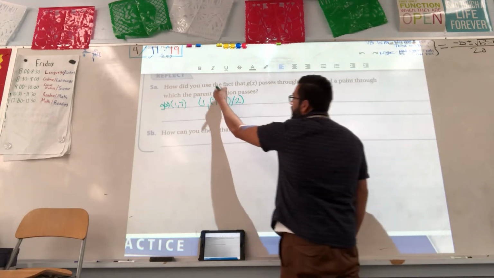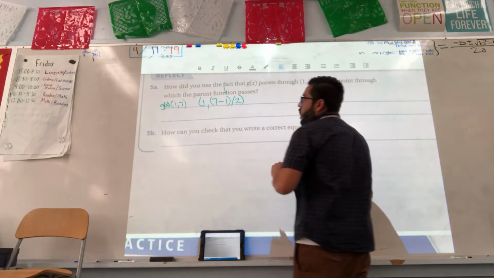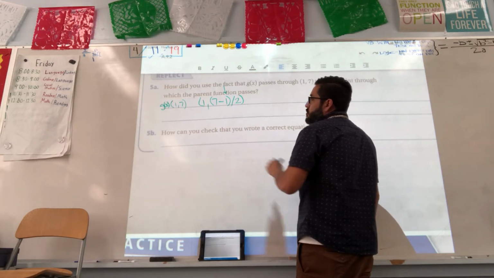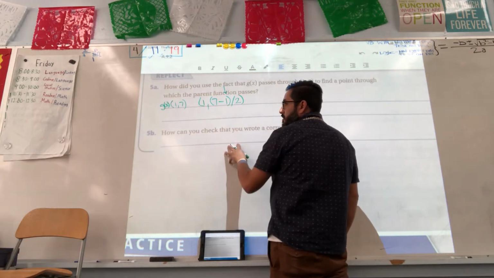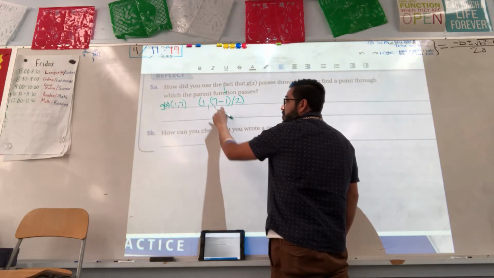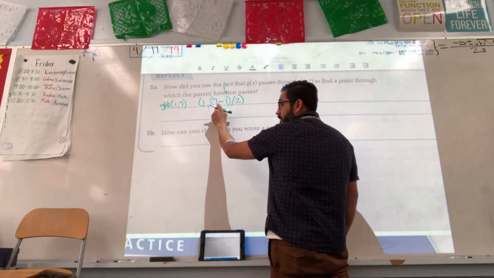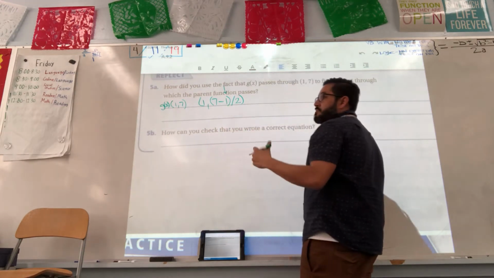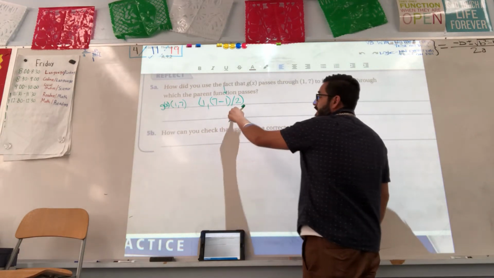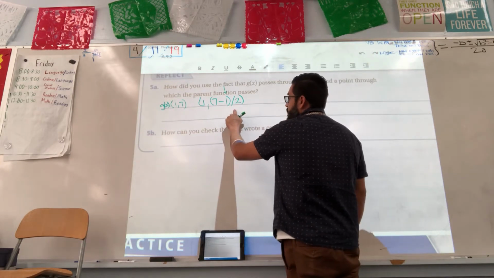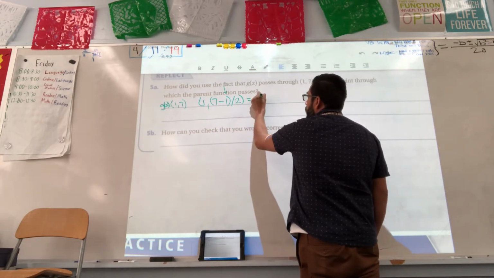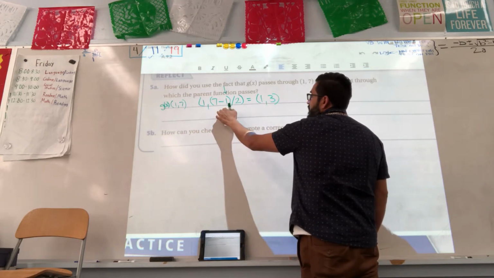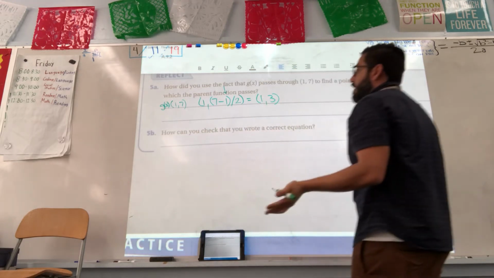It was translated up 1 from the original, so we have to subtract that from our current values from the graph. And then we know that it was multiplied by a factor of 2, so we need to divide by a factor of 2. When we do that, we get that the line passes through (1, 3). 7 minus 1 is 6, divide that by 2, and you get 3.